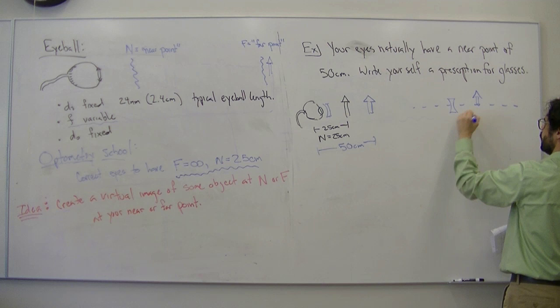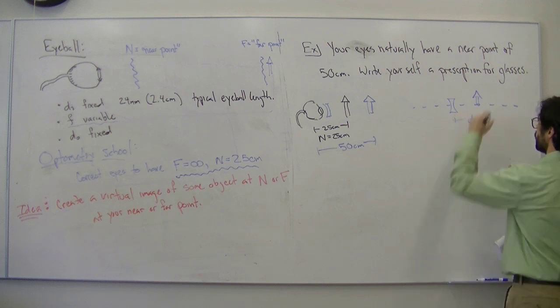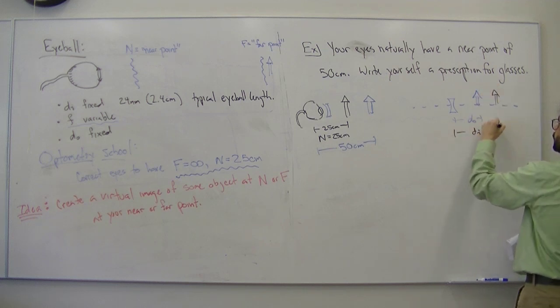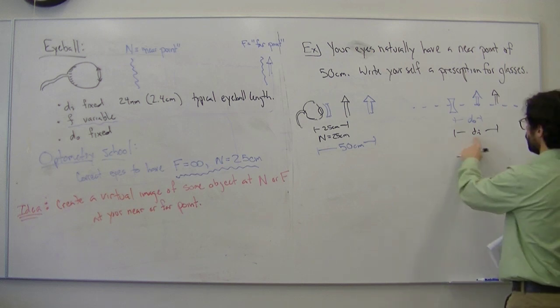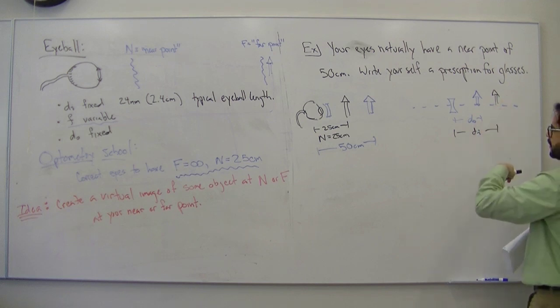So that's D naught from there to there. And what I'd like to do is make a virtual image here. I know that my focal length is going to be negative, and I know that D_i is also going to be negative, because sign convention says same side as the object for a lens means that's negative.